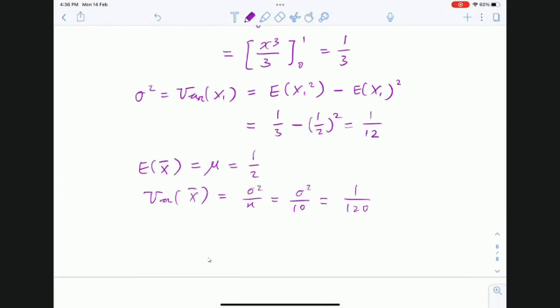So for any of this kind of problem, as long as you understand how to get the mean and variance, and how to get the expectation and variance of the sample mean from the population mean and population variance, the calculation will be exactly the same. The only difference is the content of the integral, according to different probability density functions.